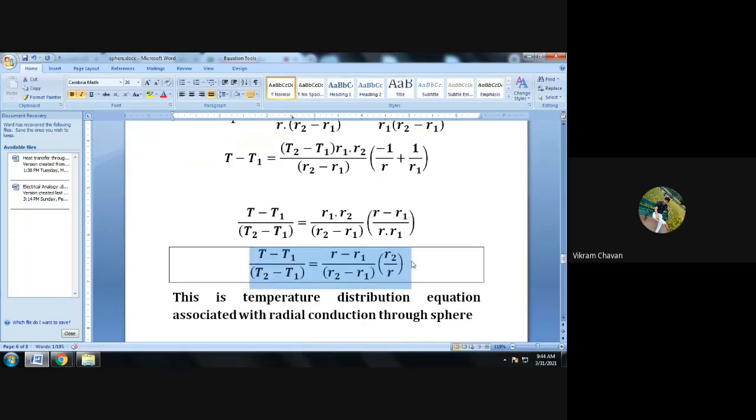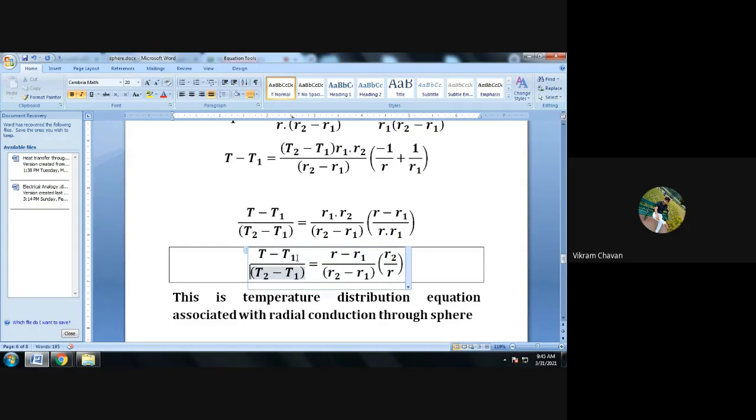So what is the significance of this equation? As we discussed in the case of a cylinder or a plane wall, if you want to determine the intermediate temperature, the temperature profile, or the variation of temperature with respect to change in radius or thickness, we can determine it using this equation.